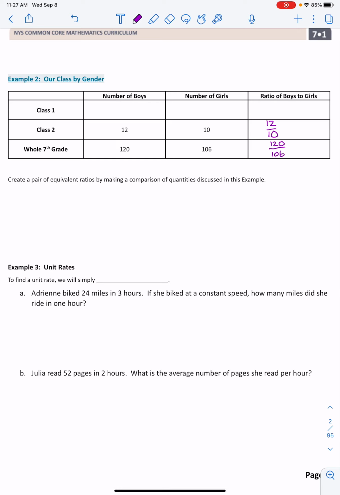Therefore, to create a pair of equivalent ratios by making a comparison of quantities discussed in this example, we would have 12 over 10. We can multiply by 2 for 24 over 20, and then by 3, 36 over 30.